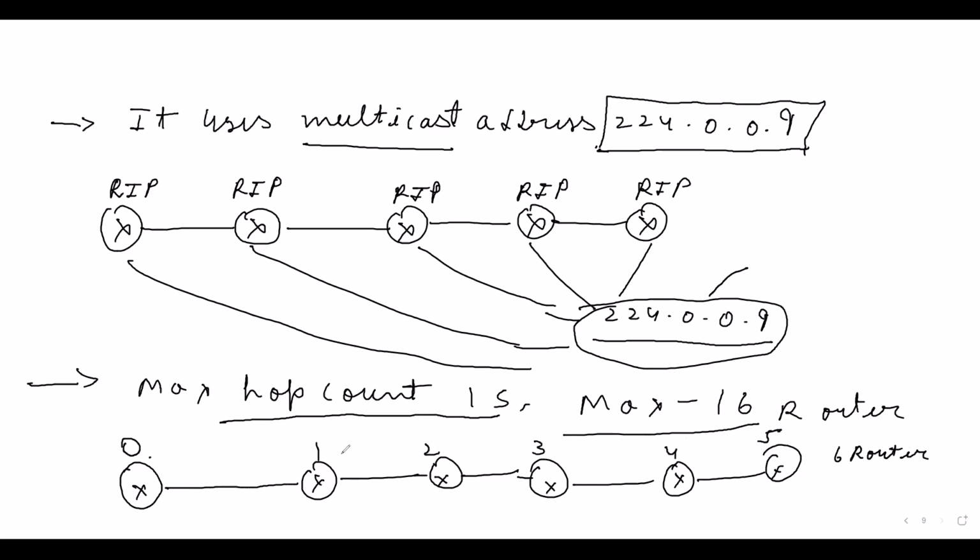Because if I am here, I count myself as 0. If you are doing configuration here, you will consider yourself as 0, then 1, then 2, then 3, then 4, then 5. So that's why hop count is less than the number of routers.